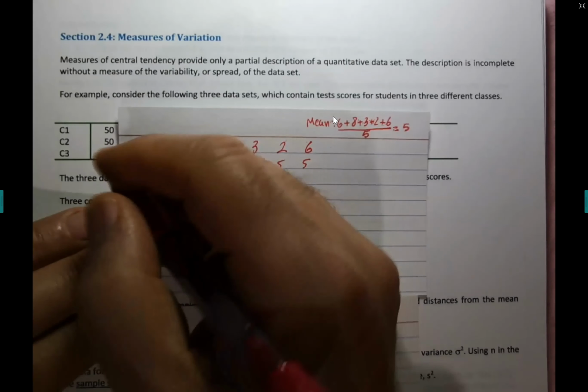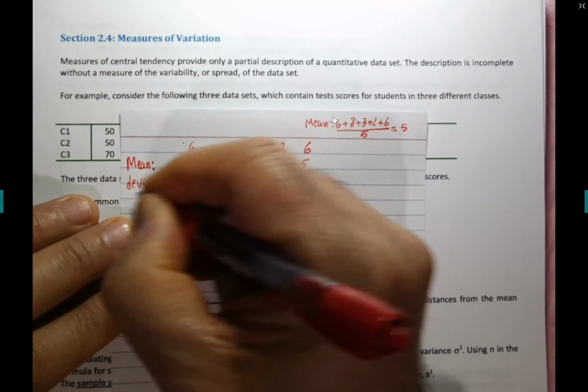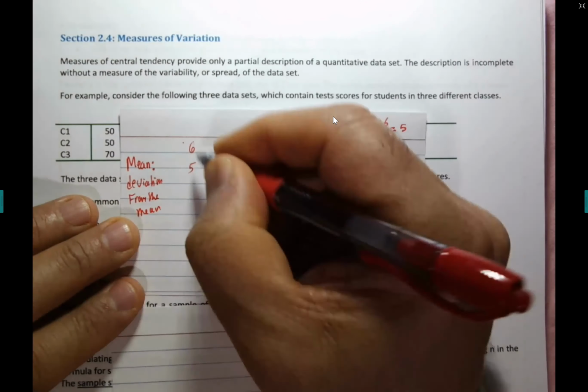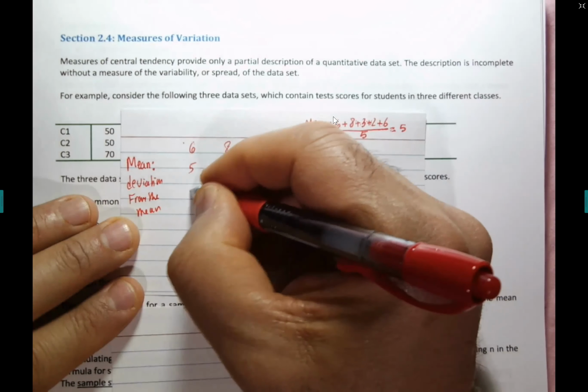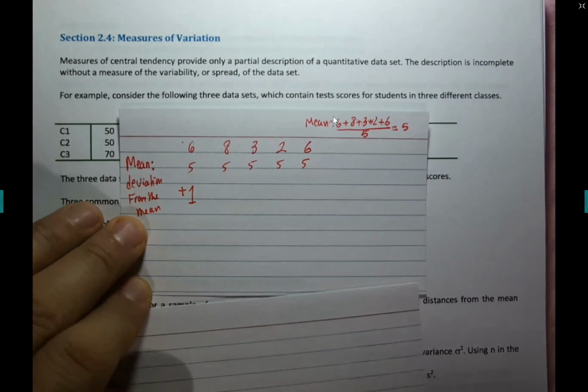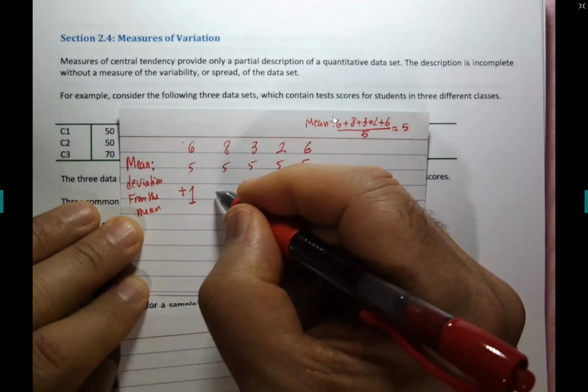So deviation from the mean. Let me write it down here. The 6 is 1 point above the mean, plus 1. How far is 8 from the mean, which is 5? 3. Good. And you guys agree it's 3 above.